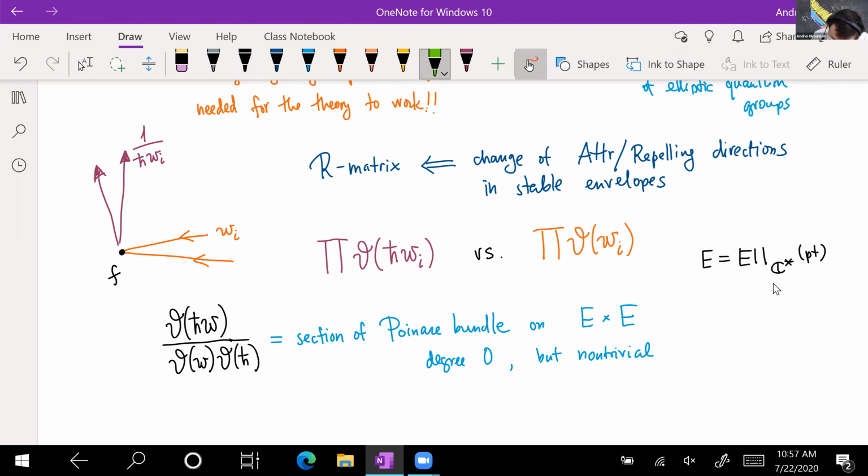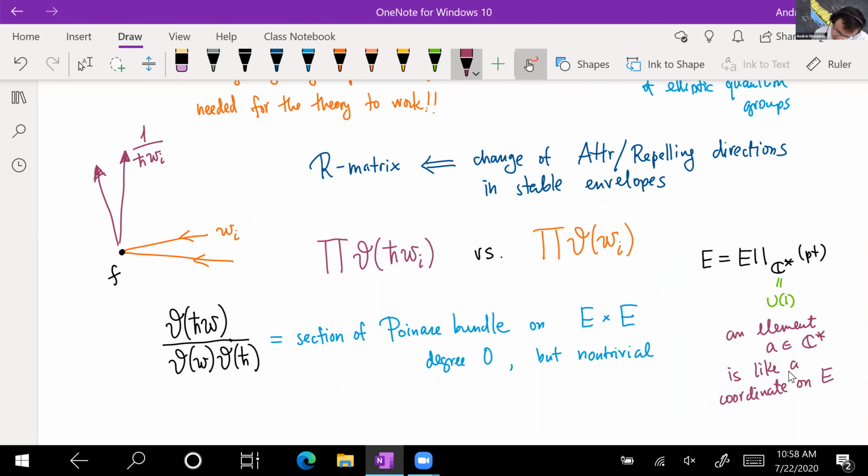If I have an element A in the group C star, you think of it as a coordinate. You can think of that as a coordinate, because you can talk about different things on the elliptic curve in terms of that coordinate.